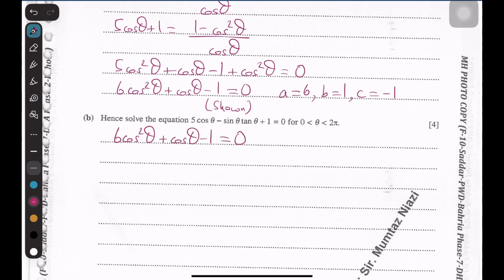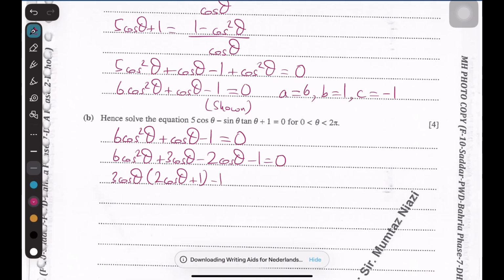We can middle term break over here, so we'll get plus 3 cos theta minus 2 cos theta minus 1 equals to 0. If we take 3 cos theta common, we'll have 2 cos theta plus 1, and then taking negative 1 common, we'll have 2 cos theta plus 1 equals to 0.